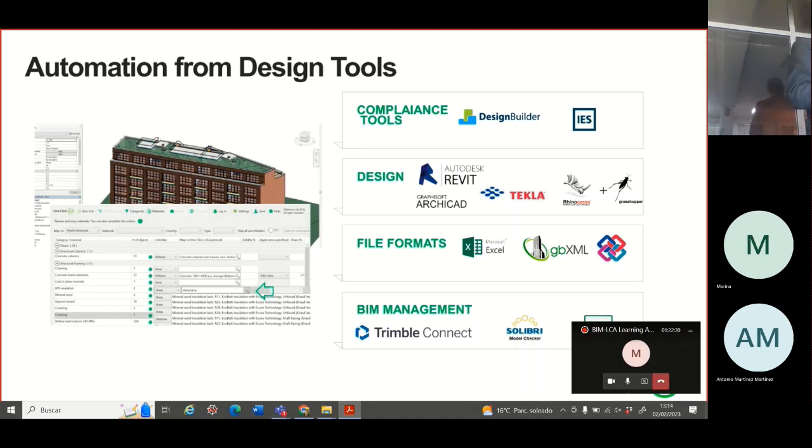So if you start working with, I don't know, Tekla, then you would like to simplify your life and simply export the bill of quantities to OneClickLCA, and then use the results more simply, instead of putting one measure with another, looking for a database and so on.